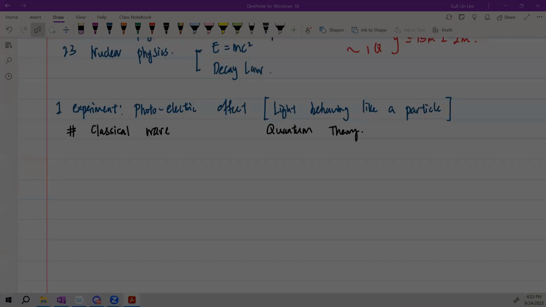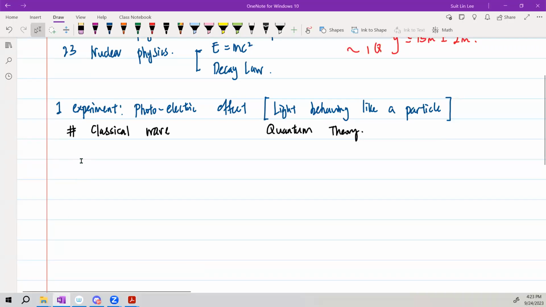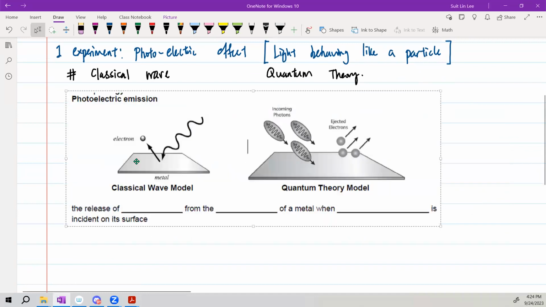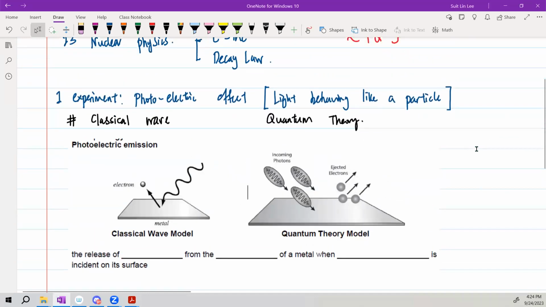Okay, which brings us to basically what the photoelectric emission is. Whenever you think about the photoelectric effect, this one is again from my notes, so I'll just put this here as a diagram. What we have is light carrying energy. So we know for a long time that when light is shined on the metal surface, the electron gets excited.